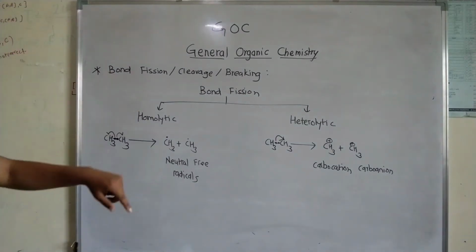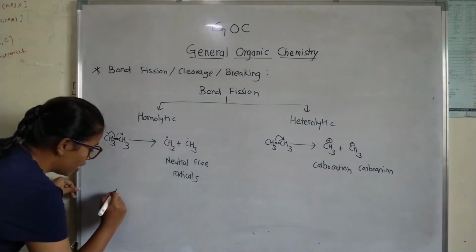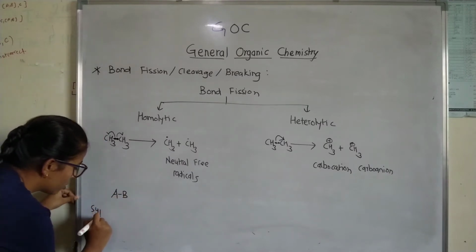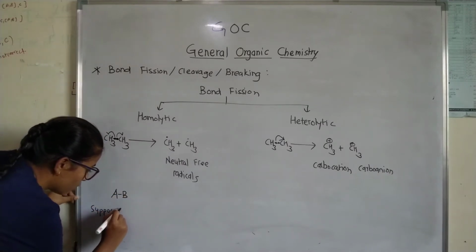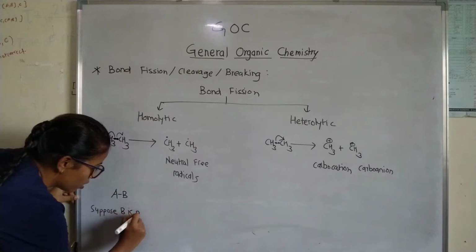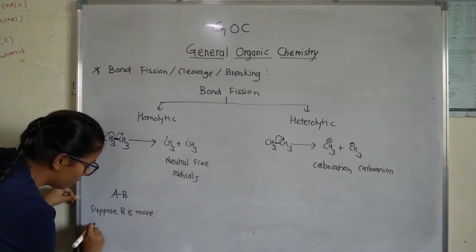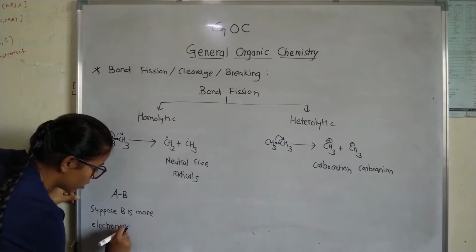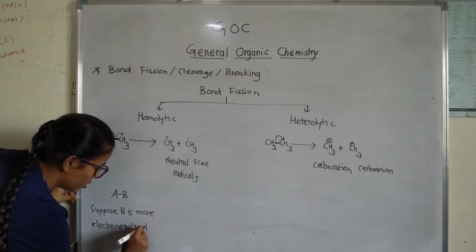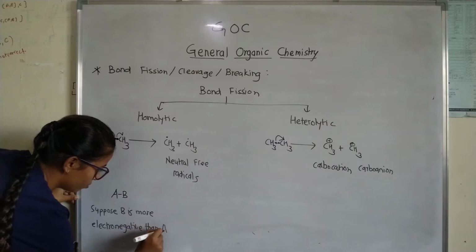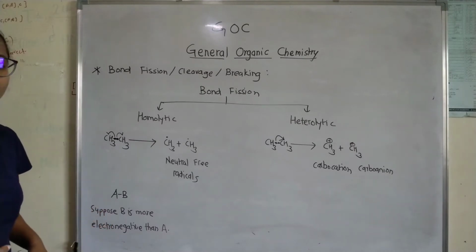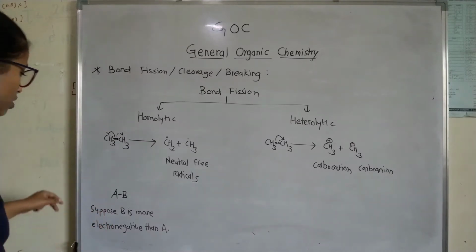So suppose there is a compound AB, and B is more electronegative than A. What does electronegative mean? The element which has more tendency to gain a negative charge.